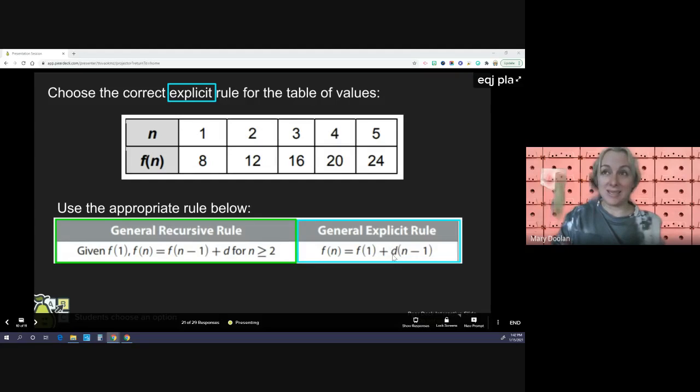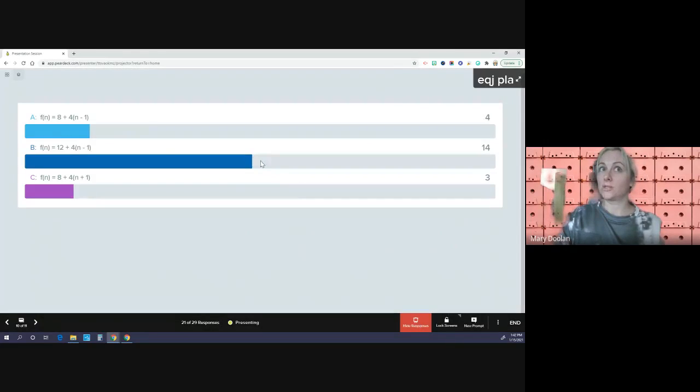So when you're picking your choice, it should be f of n is equal to 8 plus 4 times n minus 1. So it's actually A. A is the correct answer. You could change your answer.